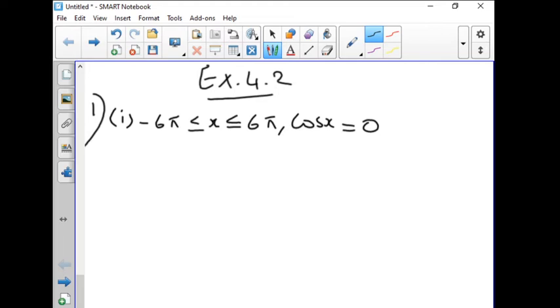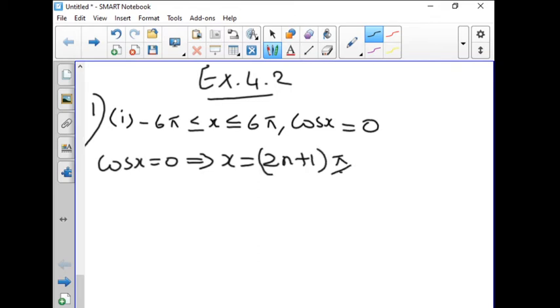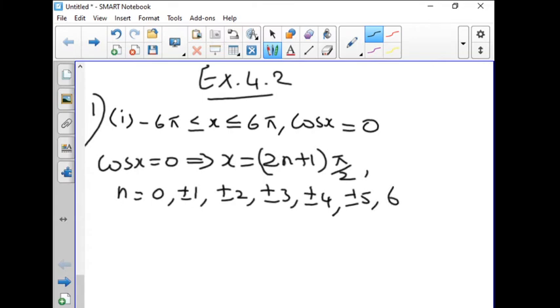When cos x is equal to 0, in general we can take x is equal to 2n plus 1 into pi by 2, where n is equal to 0, plus or minus 1, plus or minus 2, plus or minus 3, plus or minus 4, plus or minus 5, and minus 6. Why are we not taking plus 6?